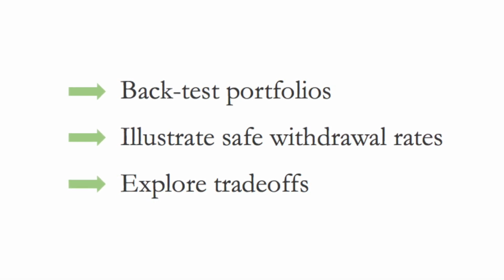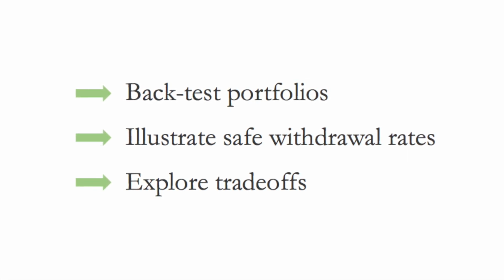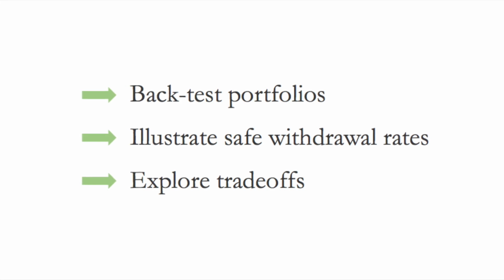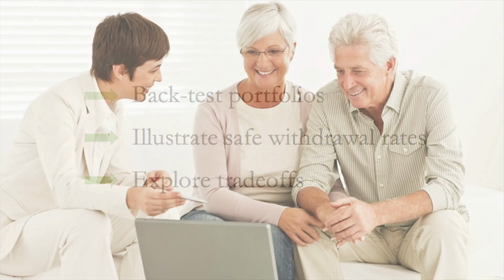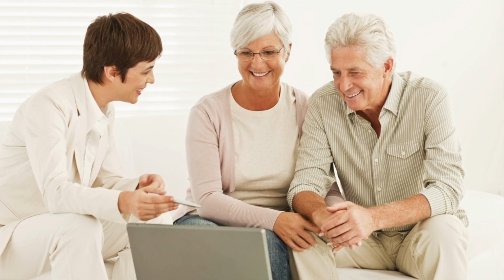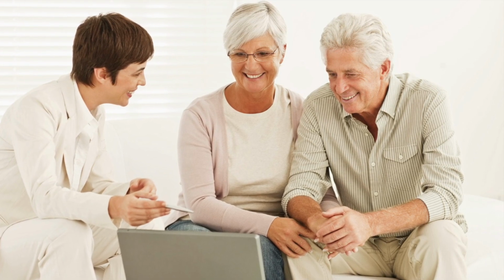In the click of a button, you can illustrate for clients the success rates, safe withdrawal rates, and portfolio longevities associated with various asset allocation strategies. In other words, the app helps you to answer the retiree's eternal question: how much can I spend in retirement?